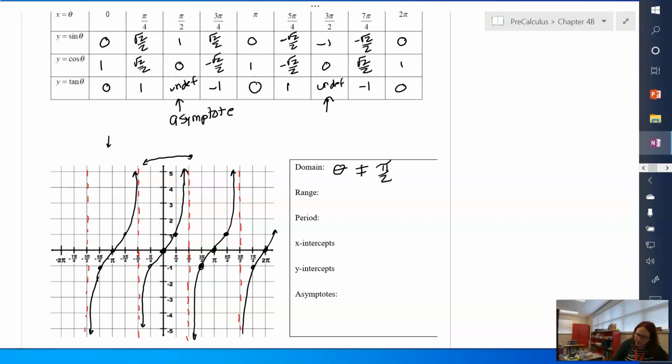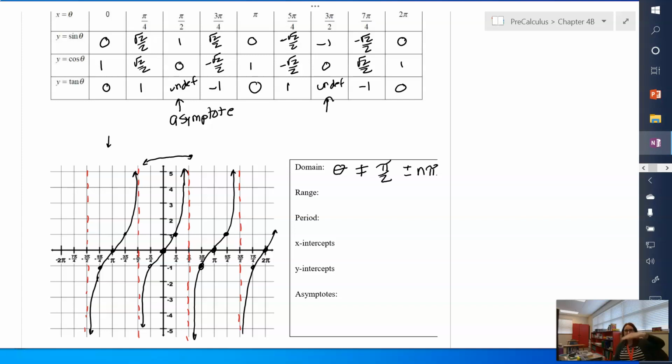It also can't equal 3 pi over 2 and 5 pi over 2 and 7 pi over 2. So every time I add a pi, I get an asymptote. Same thing with every time I subtract a pi, I get an asymptote. So I'm going to say theta is not equal to pi over 2 plus or minus n pi. So that's going to take care of every time I go pi difference, I'm going to get another asymptote.